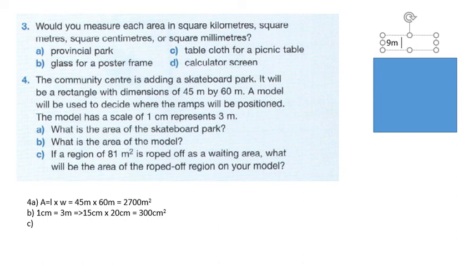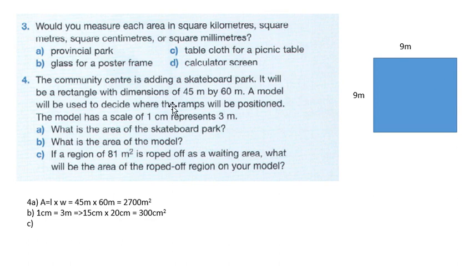So this length is 9 meters. So if this length is 9 meters, then this length must be 9 meters. So let's check that now. What is 9 times 9? Yes, in fact, it's 81. So 9 meters times 9 meters, this has an area of 81 meters squared.